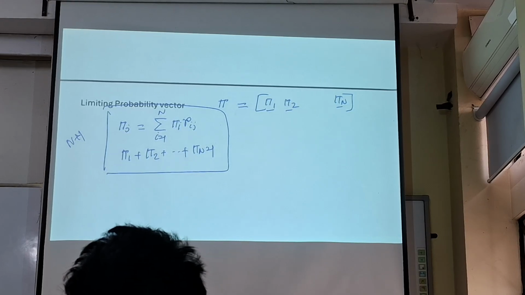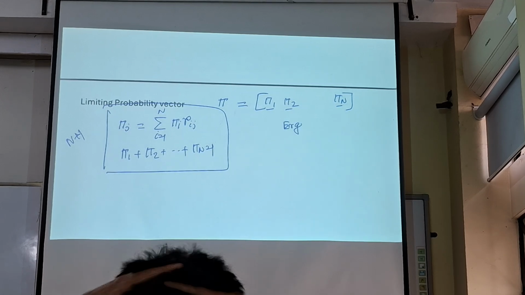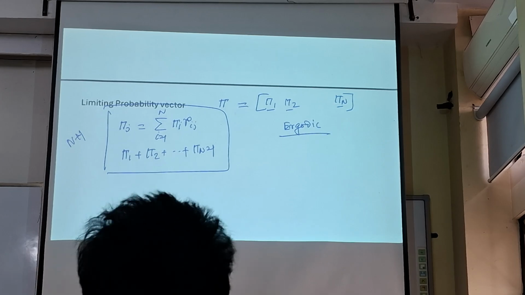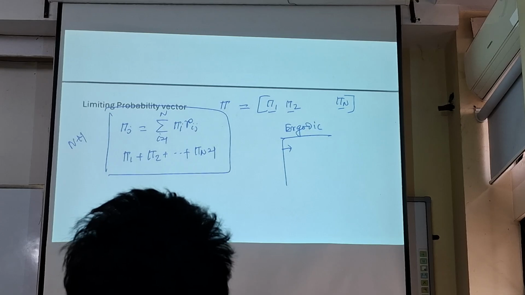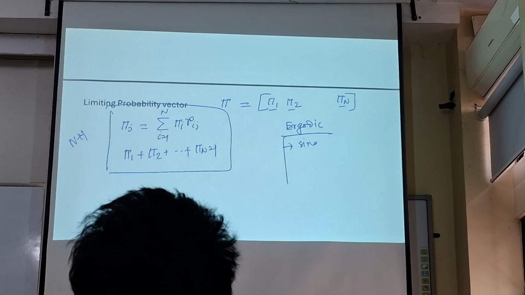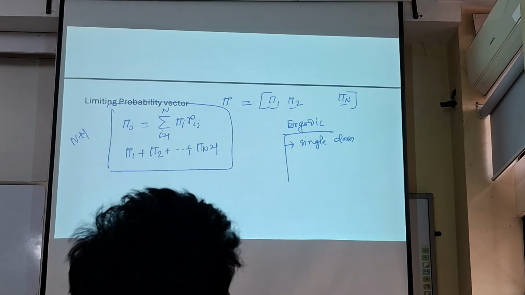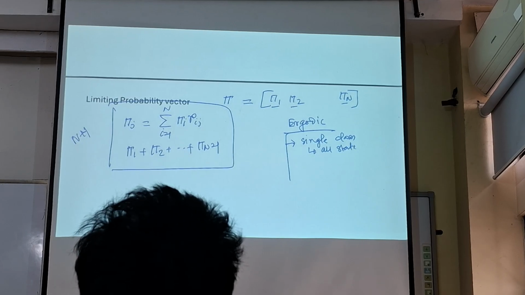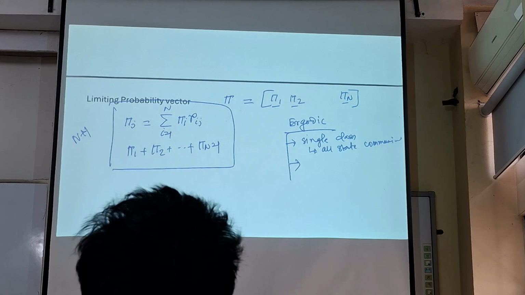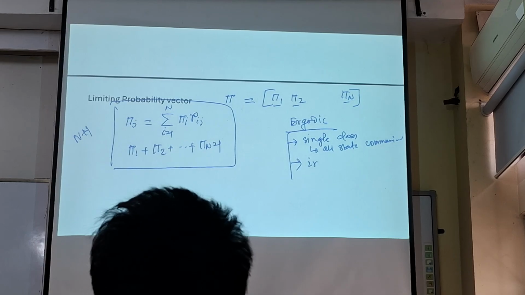What is the condition? The embedded Markov chain has to be ergodic. When do we say a Markov chain is ergodic? If it has a single class. What do we mean by the term single class? All states communicate, right? It has to be irreducible. Actually, when all states communicate, it is irreducible.